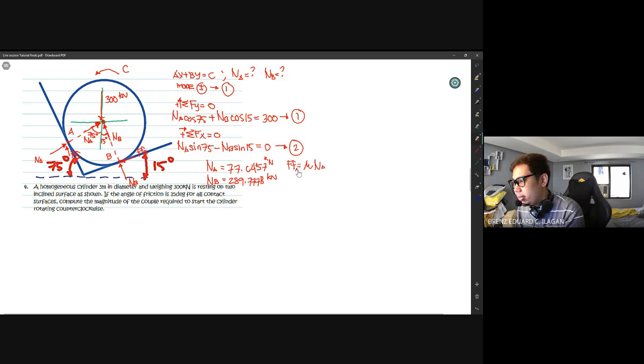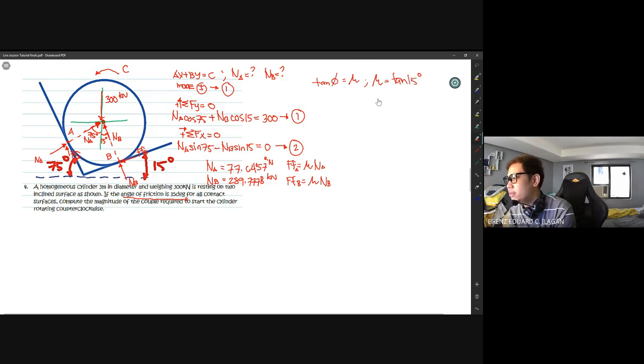But the problem here, wala pa tayong value ng coefficient of friction. Pero, again, given yung angle of friction niya na 15 degrees. So using the equation earlier, na tangent phi is equals to mu, we can solve for the value of mu. So tangent lang yan ng 15 degrees. So what is the value of mu po?